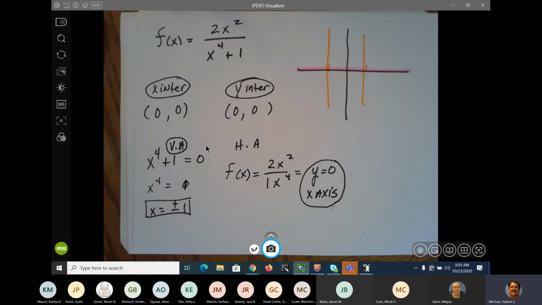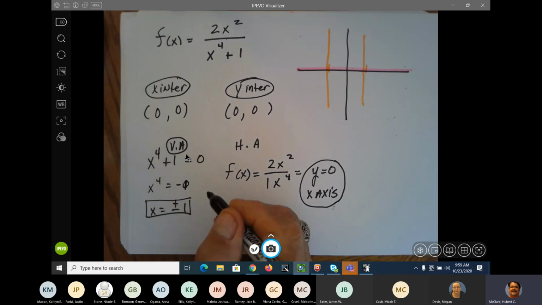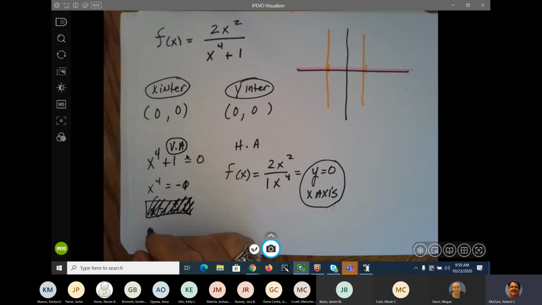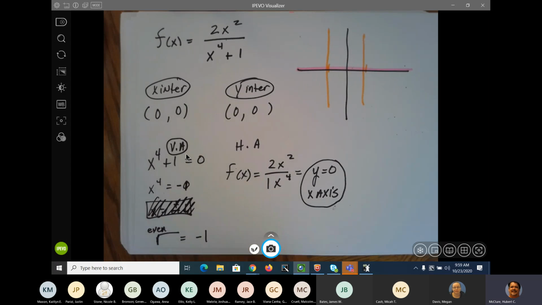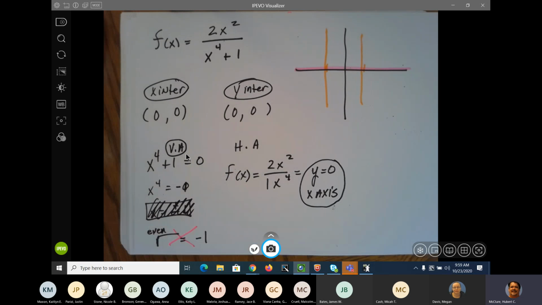Oh, I know. Hold on. I made a mistake. That's a negative 1, and you can't have an even root equal to negative 1. You can't have that. So there is no x-intercepts. I made a mistake. Sorry. So mark through that.